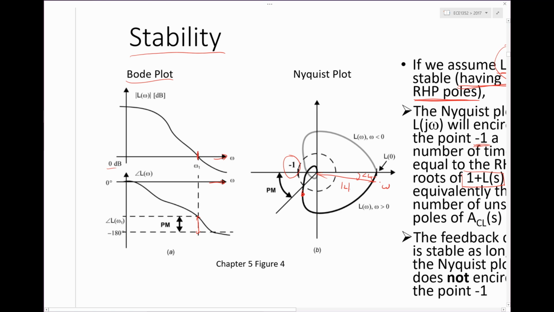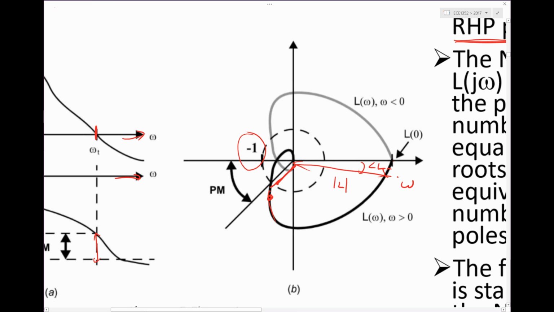Okay, so from that picture, we then derive the phase margin. We assume again, and here's where we get into some more assumptions that are sometimes violated in more complex circuits, that the phase margin is defined by the point where the magnitude of L becomes unity.